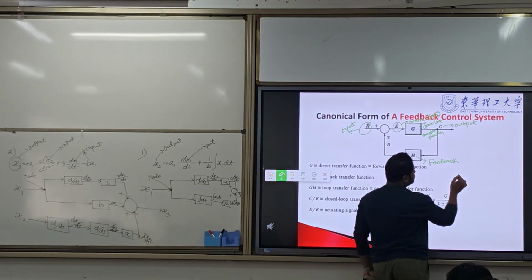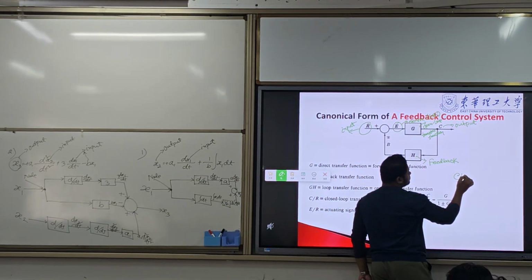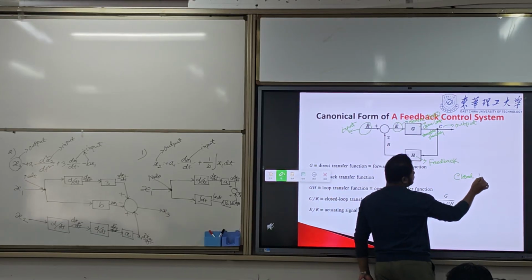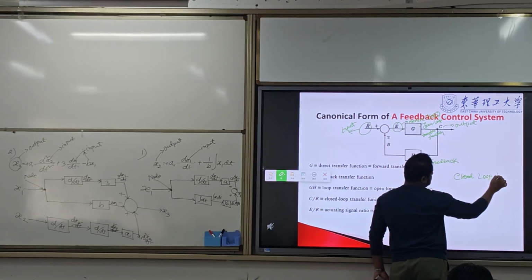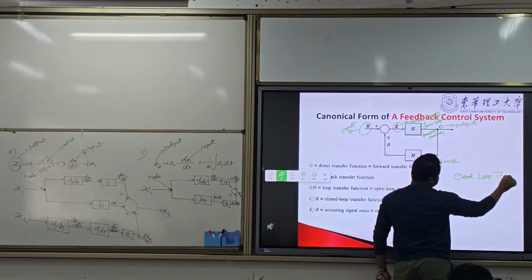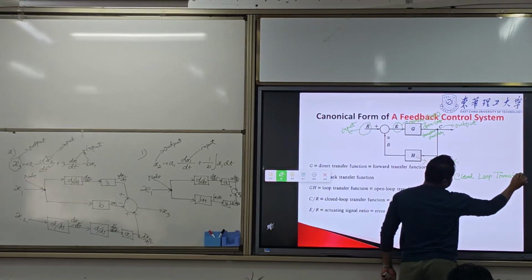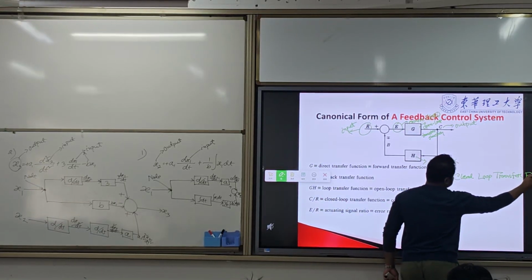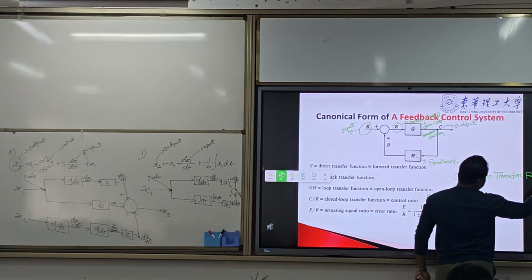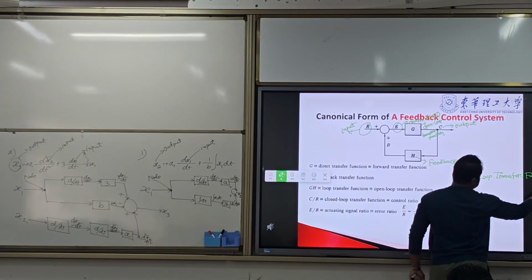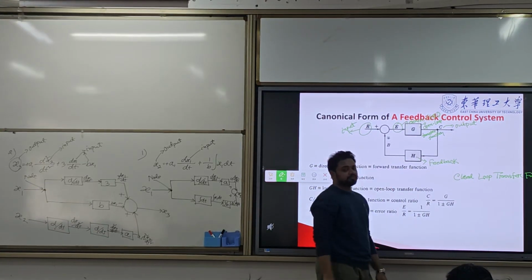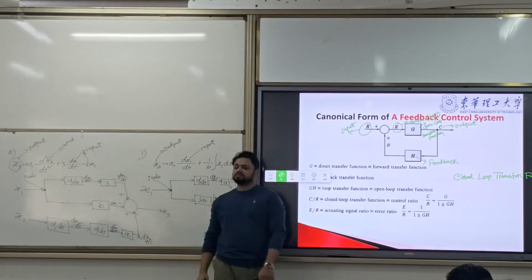Now what do we actually need to find? We need to find the closed loop transfer function, because we need to find the automatic control system transfer function.